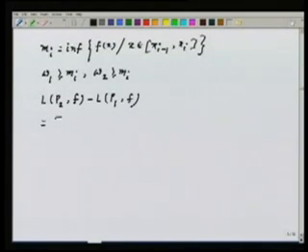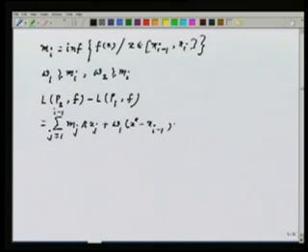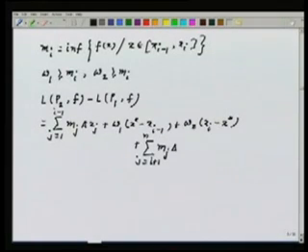So I can write the summation j from 1 to i minus 1 of mj delta xj, plus W1 times (x star minus xi minus 1) plus W2 times (xi minus x star), plus the summation j from i to n of mj delta xj.